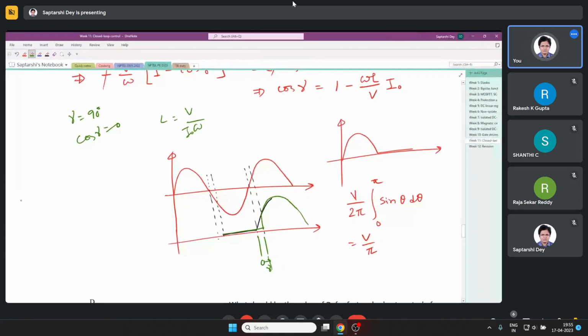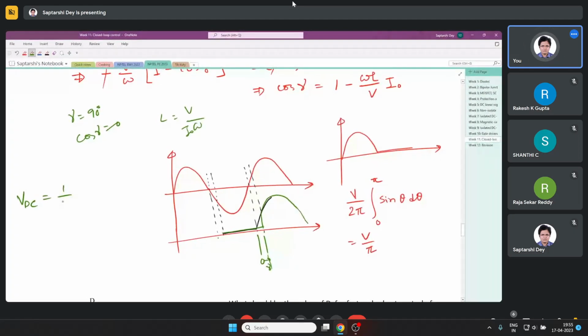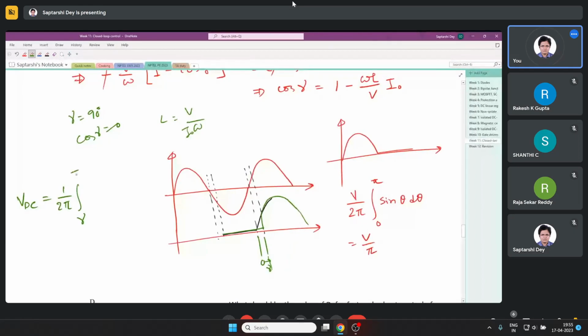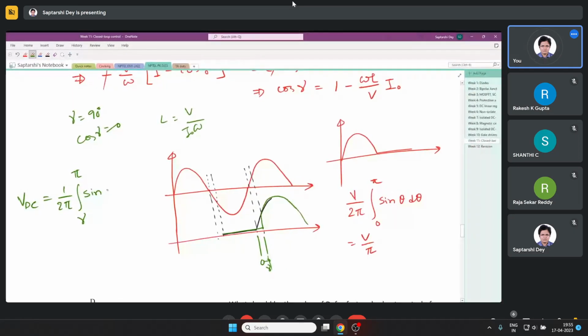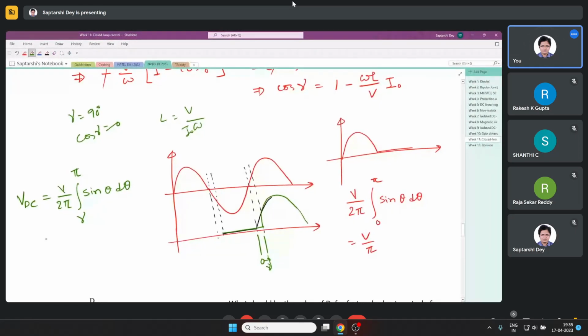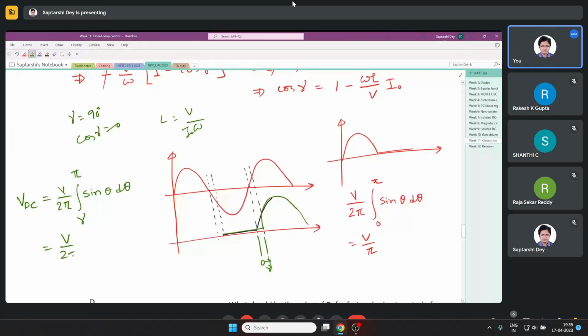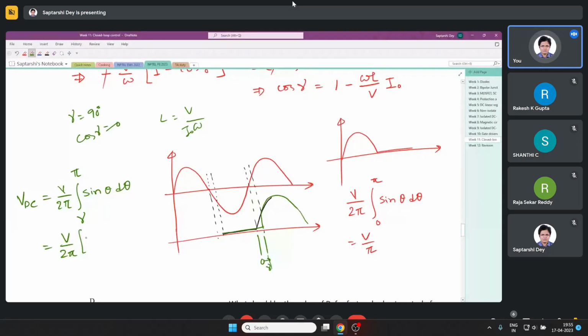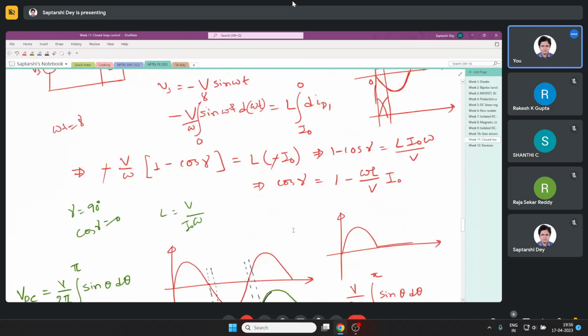So now my output voltage, if I write say VDC, it is 1 by 2 pi, it starts from gamma, goes till pi, V sine theta d theta. So it becomes V by 2 pi, cos gamma minus cos pi, so plus 1. This is my output voltage. Now if you look here, just a minute, did I do something wrong?